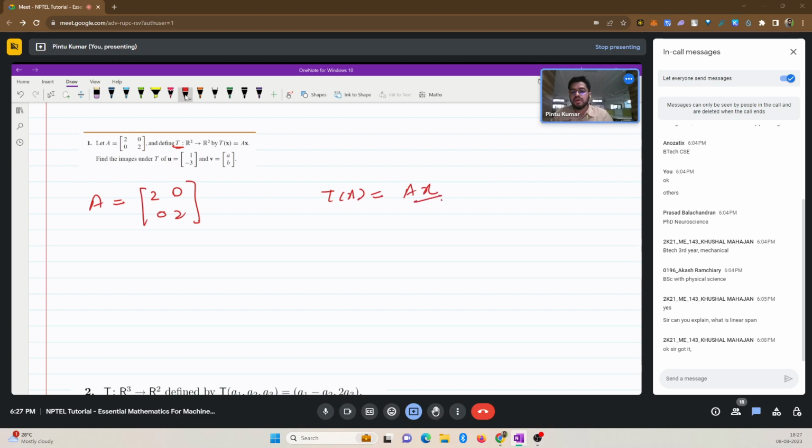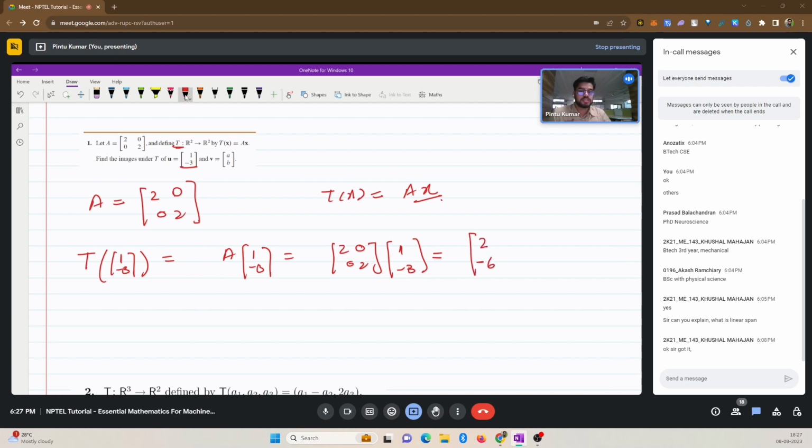So for example, if you want to find T of (1, -3), you would multiply A with (1, -3). So this is [2 0; 0 2] multiplied with (1, -3). What would you obtain? You would obtain 2, and over here you would obtain -6, right? So this is what you would obtain as a result.